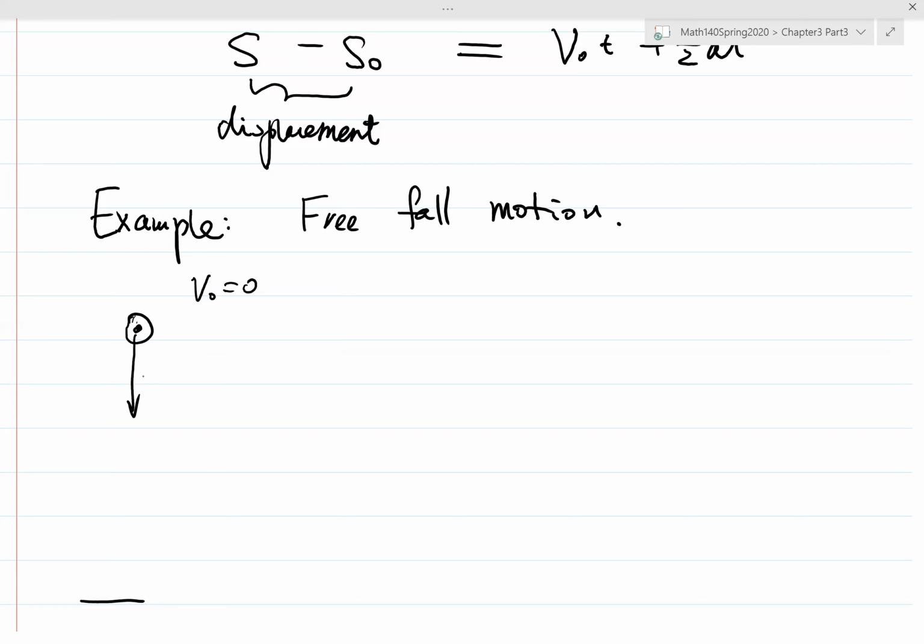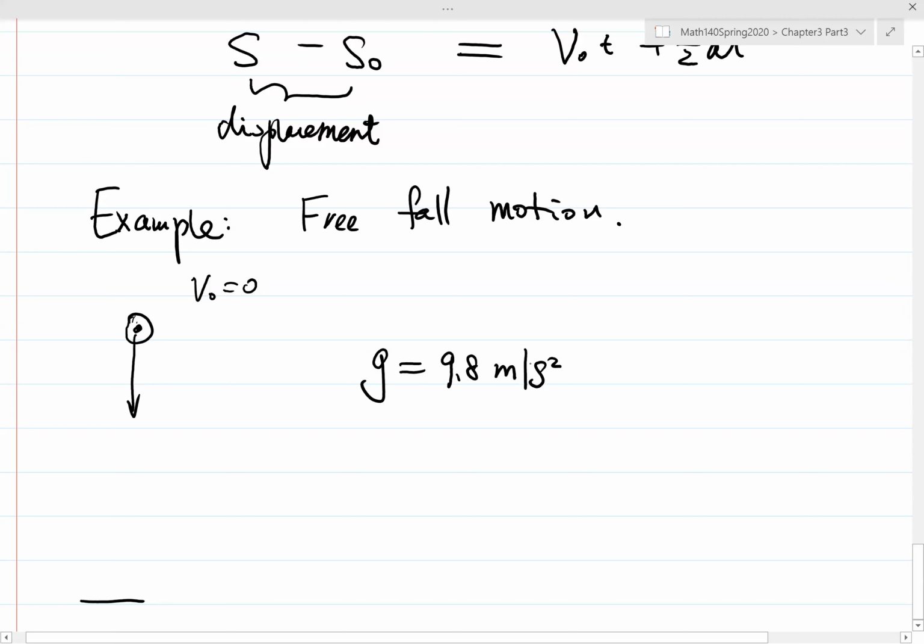It's g. The acceleration is 9.8 meters per second squared. Now you need to be careful. This 9.8 is determined by experiment, because the Earth is not a perfect ball.